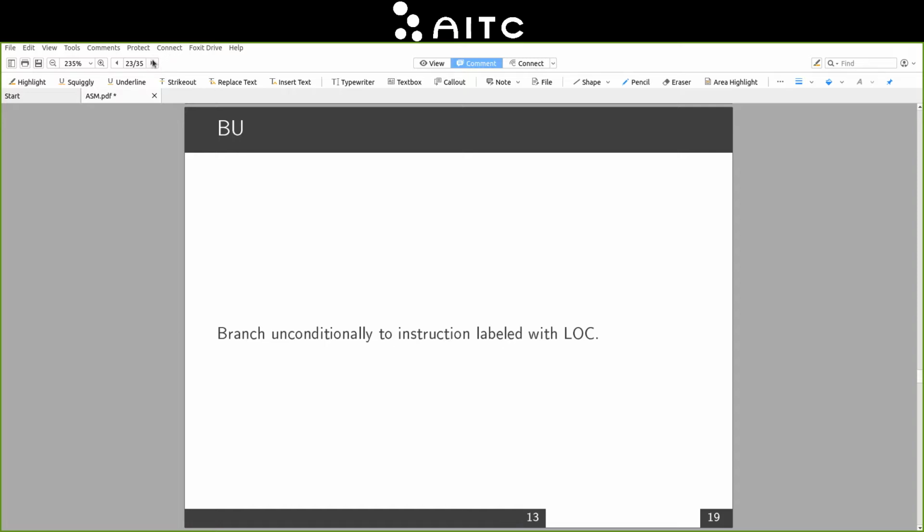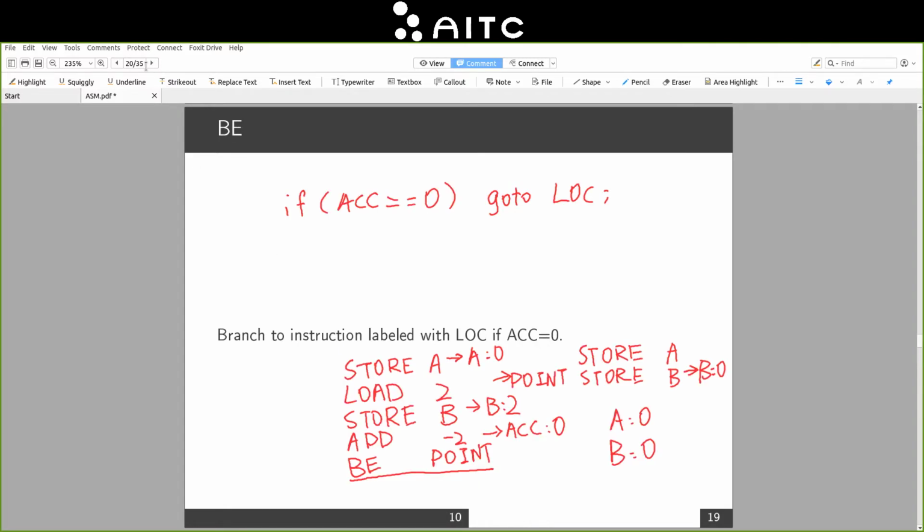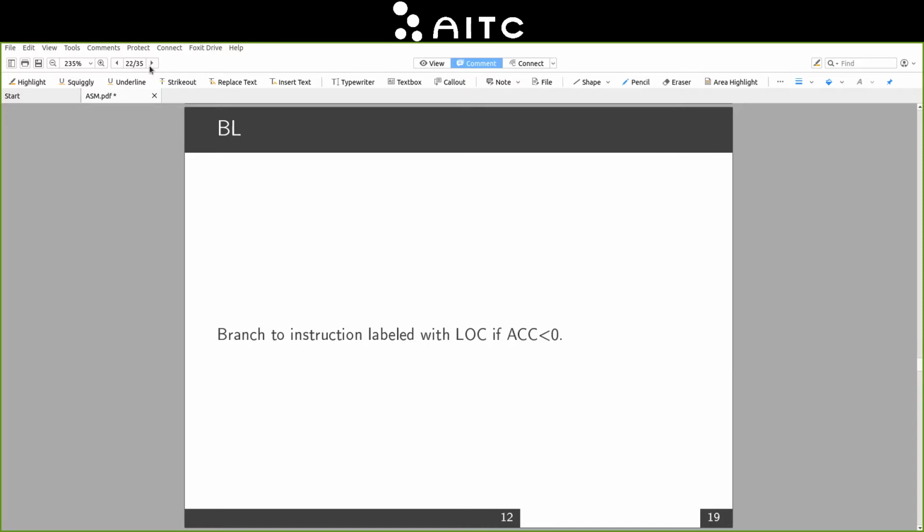And BU is branch unconditionally to the instruction label with LOC, so it will jump directly without any condition. Okay, BG, BL, and BU. I will copy the definition of the BU.